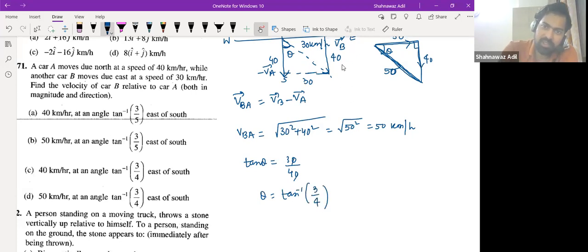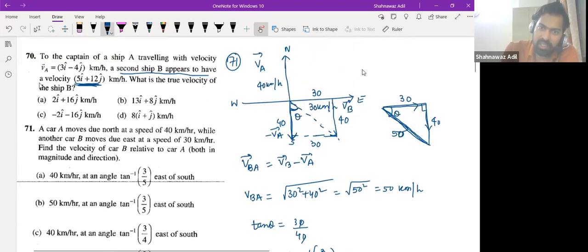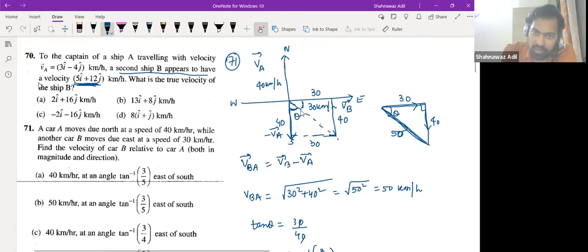And the direction is east of south. When we calculated this angle, it was south of east. Is that clear? We are in the east direction and we are going south.